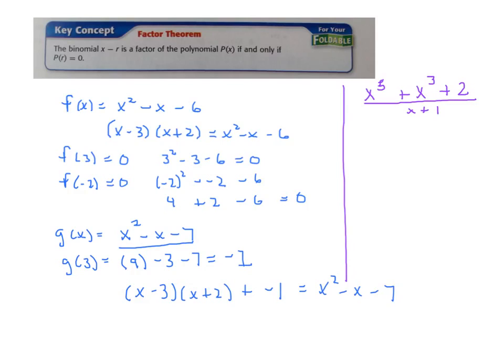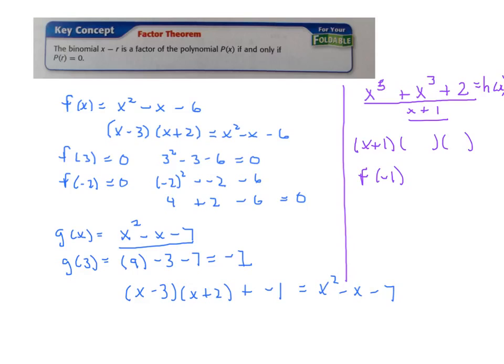So a nice application of this factor theorem is that if you have x to the 5th plus x to the 3rd plus 2, and that is your function, h of x, and you need to know if it divides evenly by x plus 1, or if x plus 1 multiplied by a bunch of other things will equal h of x, you can take f of negative 1, and that will tell you immediately whether it's a factor or whether it has a remainder.